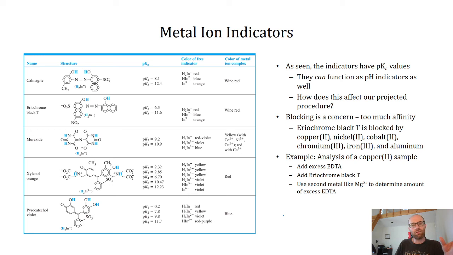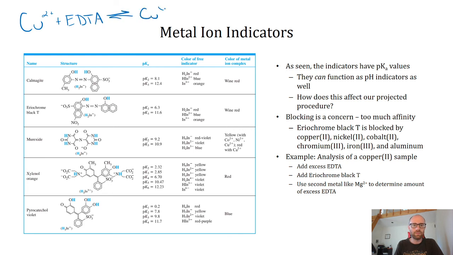The best way to get around that, like say you were looking at copper, is you take your copper sample, before you add any indicator, you add a bunch of EDTA. And it's weird because you kind of have to almost act like your indicator is your reagent. So you add a bunch of EDTA, and your copper will then, of course, bind to it.